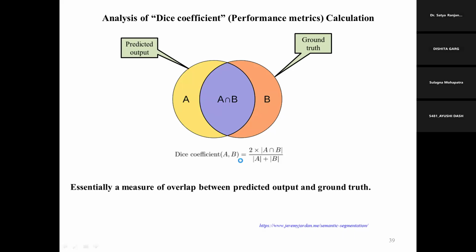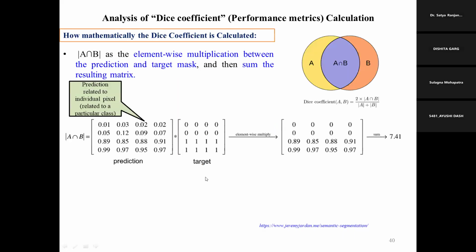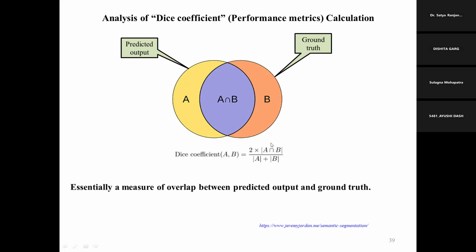Then we have the formula, and we need to find the dice coefficient. If the dice coefficient is higher, it means both overlap each other, meaning there is no difference between the predicted output and the ground truth.